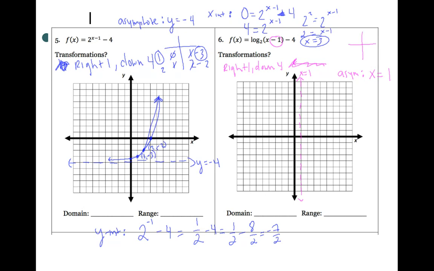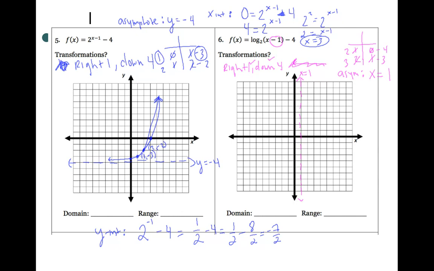It's not 0, 1, it's 1, 0, b, 1. I go right 1, so this is 2, and this is 3, and then I go down 4. So I did both of these.